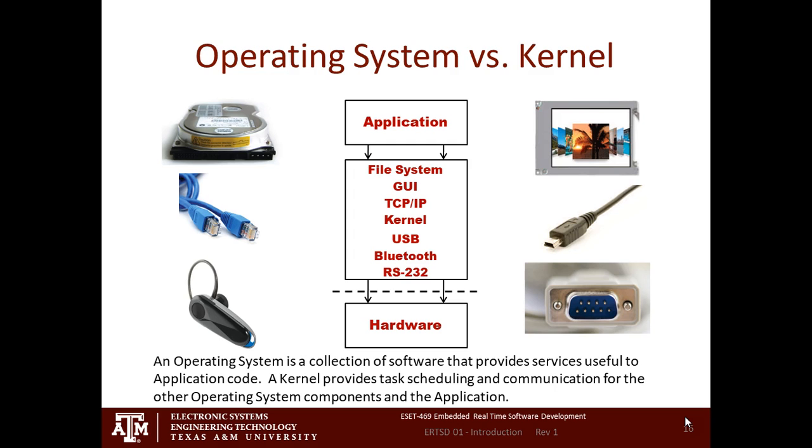An operating system does other things. An operating system can do file systems. Windows. Windows is an operating system, right? Is it real-time? Well, we know intuitively that it's not. Okay, we'll give you some tools to understand why it's not real-time. But what does Windows do for you?